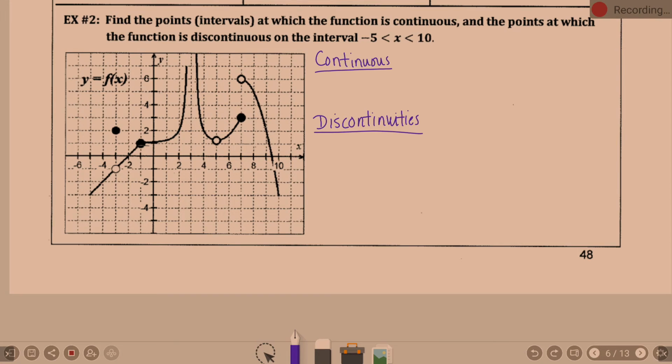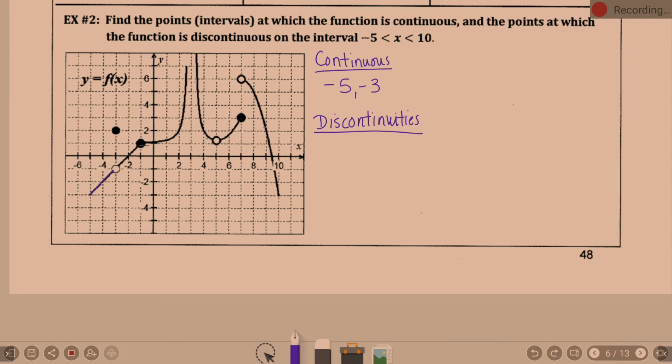So, what are you thinking? What do we know first? From -5 to -3. You guys with me? -5 to -3 is continuous. That'd be a bracket on the left and a parenthesis on the right.